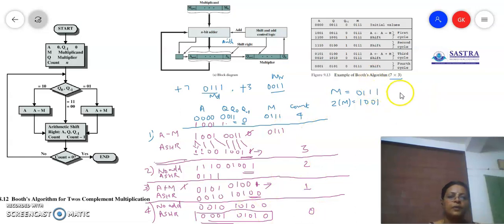So you write down the product here. The final product, end product, is going to be 0 0 0 1, and then we have 0 1 0 1. Okay, so this is going to be AQ. As we said, the A register and Q register will be having the final product. So these two registers will be having the final product.